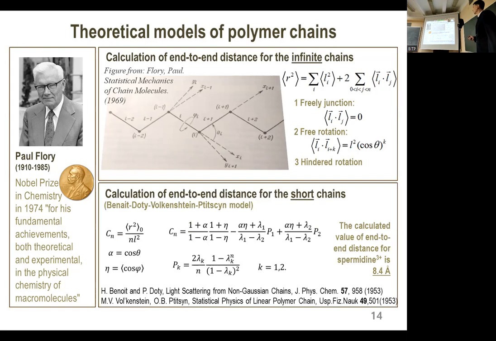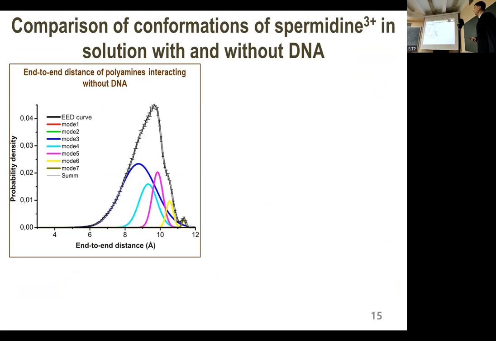And also in this textbook, you can find some model which is developed for short polymers, because in all these cases, polymer is considered infinite, but also there are some models that describe short polymer chains. And if we take the parameters of spermidine, we can calculate that the end-to-end distance should be about 8.4 angstroms.